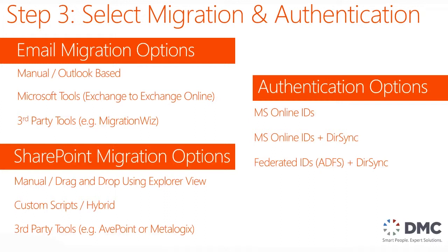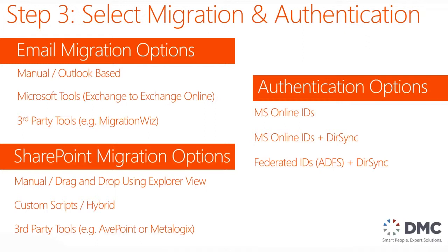The third thing is, how are you going to manage your SharePoint migration? You may have documents on a network drive or on an on-premise SharePoint. You could use the drag and drop features of SharePoint 2013 and just drag files via your desktop into the cloud, and they'll automatically sync those files over.